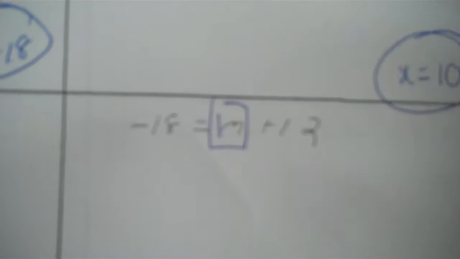Next, negative 18 equals m plus 12. This time the letter's different, but that does not matter. I put a 1 in front of my m, so it has a coefficient. And by the way, the negative 18 you don't mess with. It's on the other side of the equals. You should not be trying to deal with this number right here.